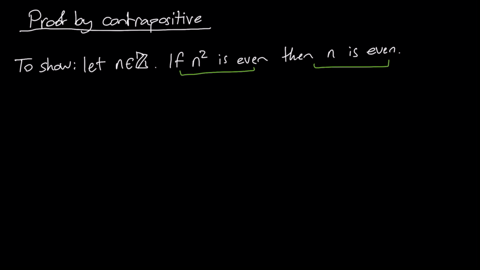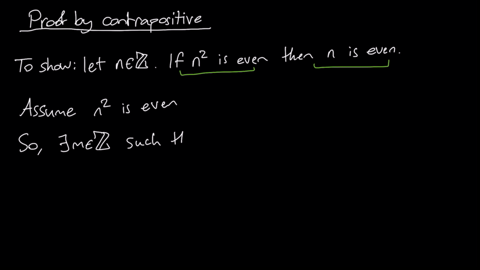Now, if we try to prove this directly, we quickly run into an issue. Let's just have a go. Let's assume n squared is even. We know that that means there exists some other integer such that n squared is equal to 2m in this case.